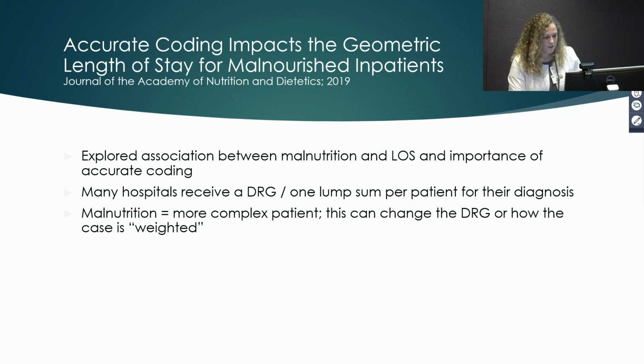And that amount doesn't change if they end up staying longer or if they end up having more tests or procedures done. So making sure that you really document the complexity of the patient and why they're there becomes really important, because that will change the DRG, or how the patient is weighted, and affects that payment that the hospital gets. So a malnutrition diagnosis helps paint that picture of a more complex patient, which can affect that DRG or that weighting of the payment for the hospital.